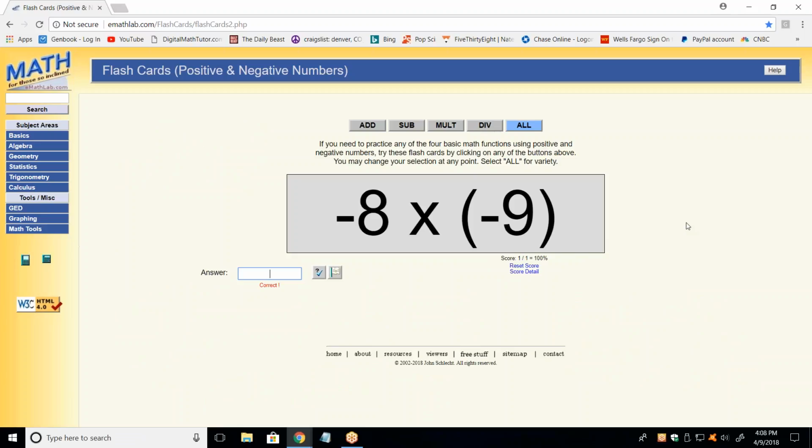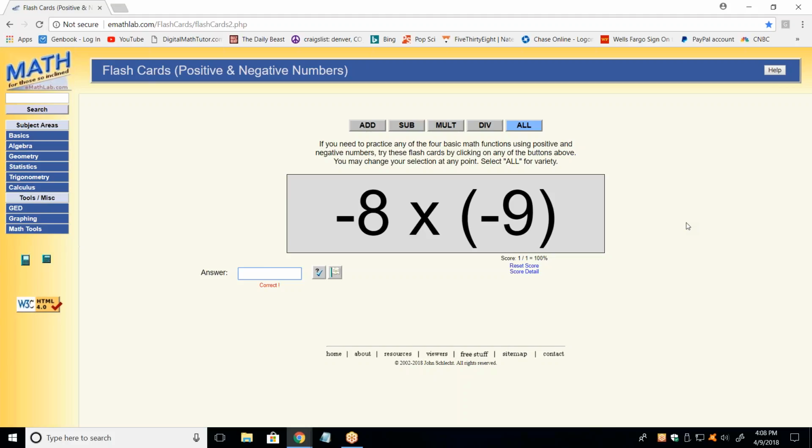Okay, what's this? This is, I don't know. Okay, first of all, I want you to give me the sign. It is a multiplication. What's the sign of the final answer? Is it going to be plus or minus? Minus.